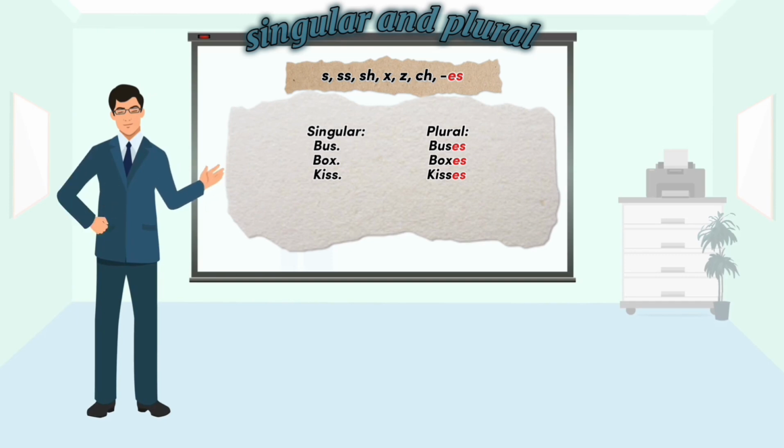For example, bus, because it ends with the letter S, becomes buses with the addition of es. Similarly, box becomes boxes.